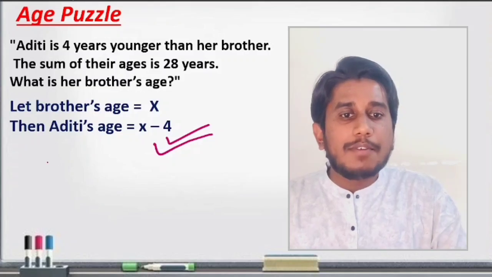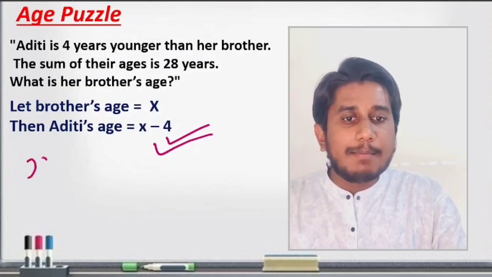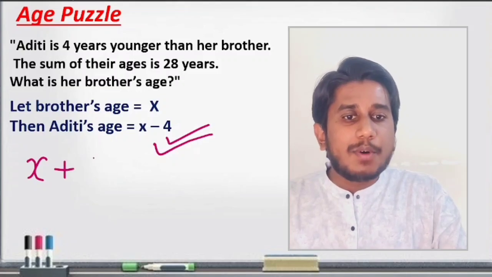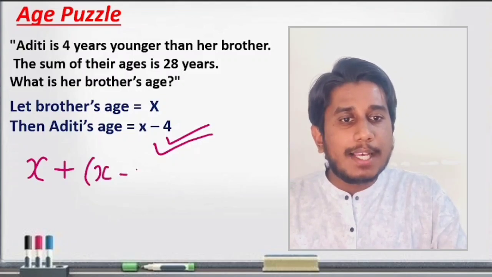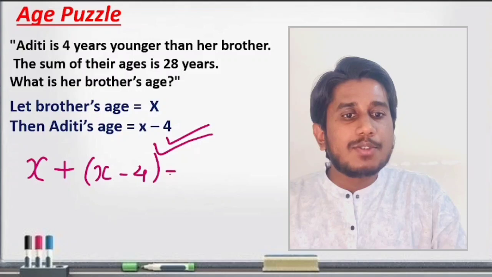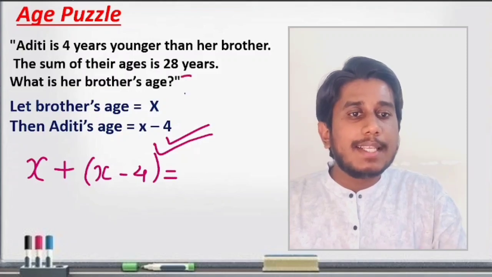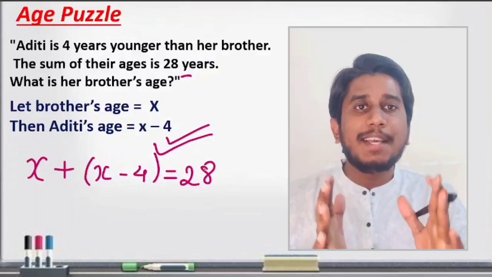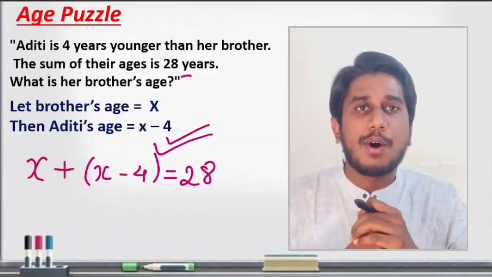Now, we have been told that the sum of their ages, the brother's age x plus Aditi's age x minus 4, is equal to 28. This is the simple linear equation in one variable we have just formed.